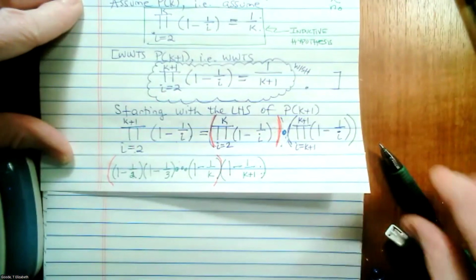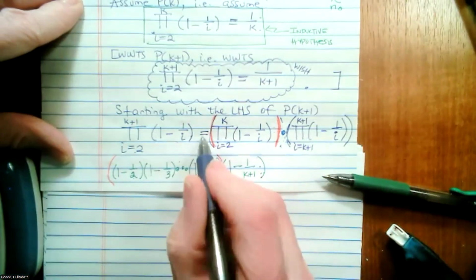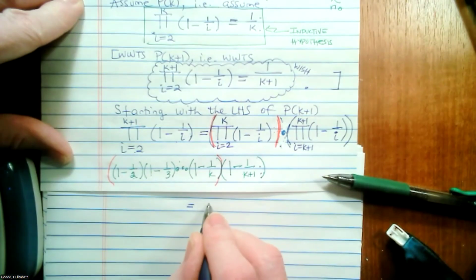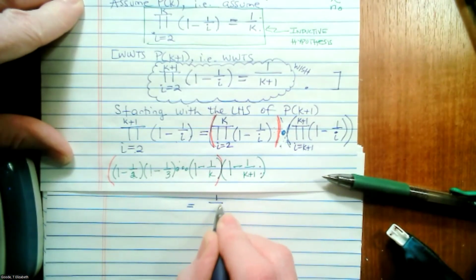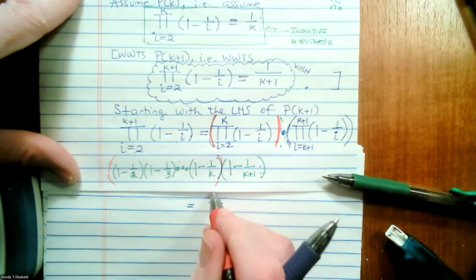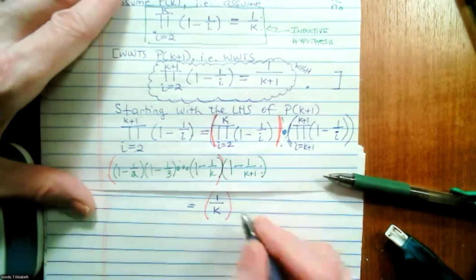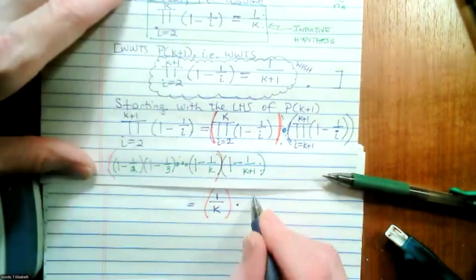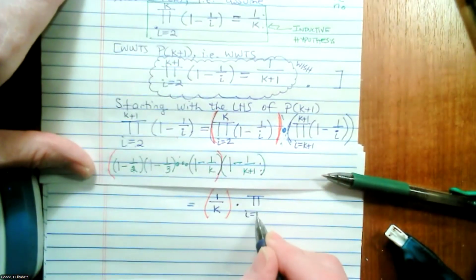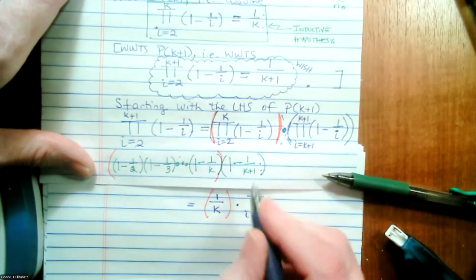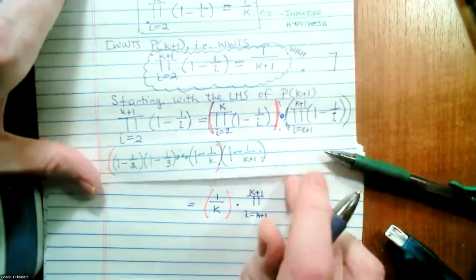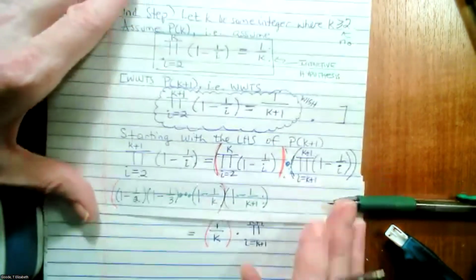So now we're getting ready to use our inductive hypothesis. This is equal to 1 over k times this last broken off term, which of course is just going to turn out to be this in the next step. But I want to do these in two different steps because this is the inductive step.